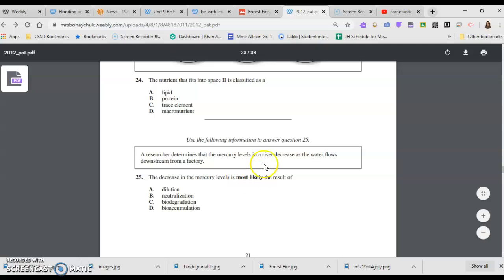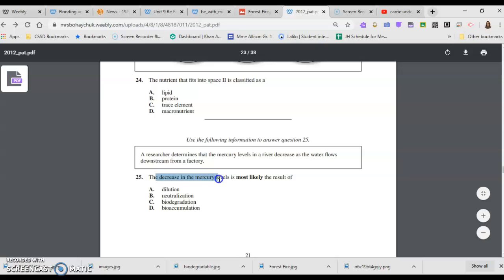Okay, looking at this question, number 25, anytime you see the word mercury, chances are it has something to do with bioaccumulation. Let's see if that's in there. Oh, look, it is. Okay, but we should probably read the question just to make sure. So, a researcher determines that the mercury levels in a river decrease as the water flows downstream from a factory.